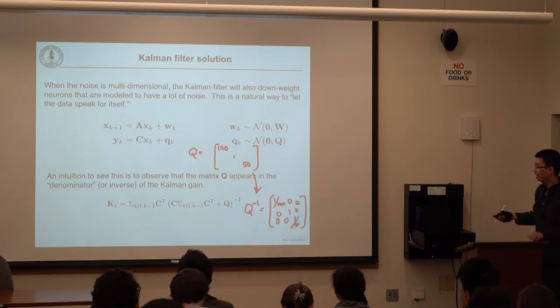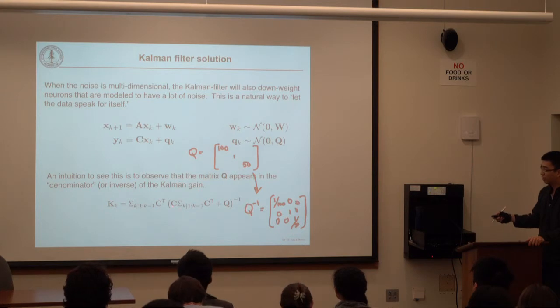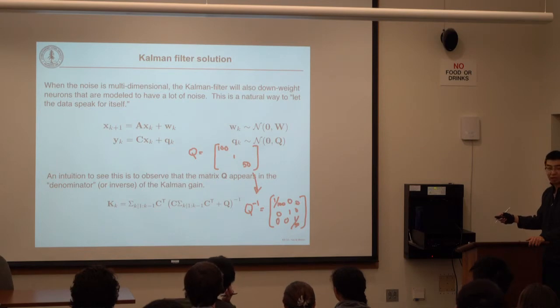And you can see that this term Q negative 1 appears in this Kalman gain. So let's just ignore this term for now. This term will affect this inverse. But if this term C sigma C transpose wasn't there, then we would be multiplying this by Q negative 1. And that would really downweight the first dimension.